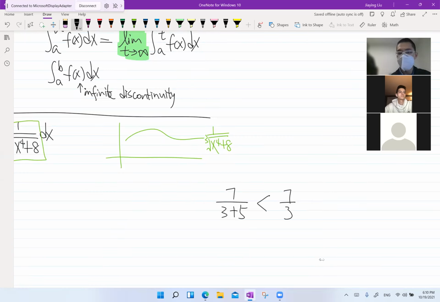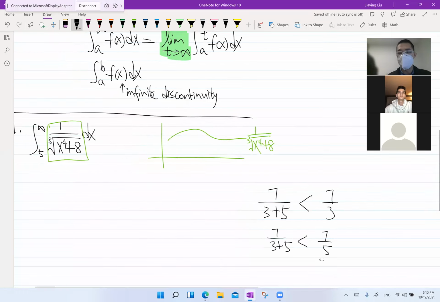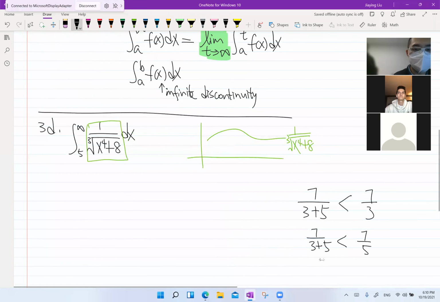That's something you learned. So same thing, 7 over 3 plus 5 is less than 7 over 3. So whenever we remove a positive term from the denominator, we make the denominator smaller, then the quotient, the fraction value, is getting bigger, right? So in this given example, even though we have a cube root, we also have x to the 4th plus 8.